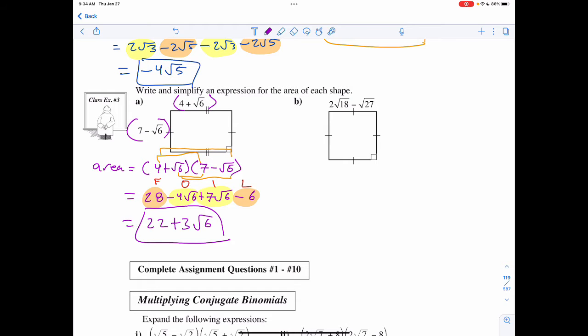When I get to example B, these ones cause a lot of problems because I have 4 of the same side, which means that the area is 2 root 18 minus root 27 squared.